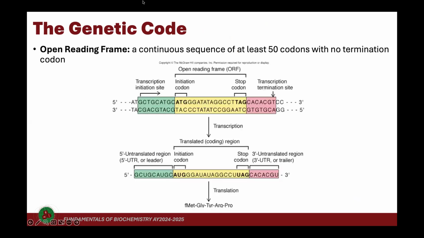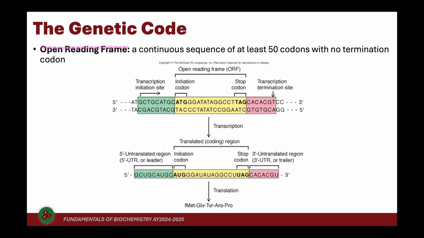Now we know what reading frame means, but there is one specific type of reading frame that is important when translating an mRNA transcript. This is what we call an open reading frame. This means you have a continuous sequence of at least 50 codons with no termination codon.